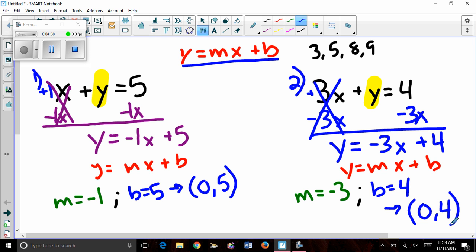Now, I have a third example, and before I scroll down to it, here's what I want to say. Take a moment, and when I scroll down, pause the video. I want you to try this third one out on your own, and then when you start the video back up, you can check your work against mine to make sure you are understanding what it is you are trying to find.